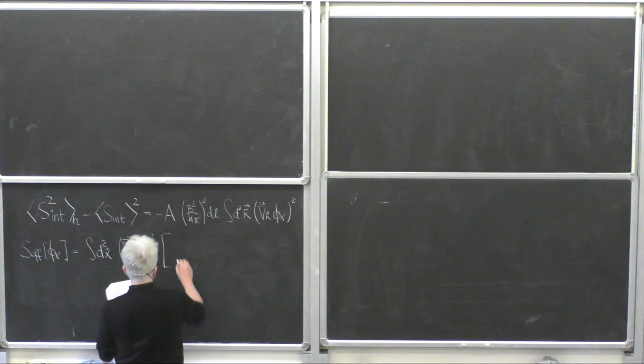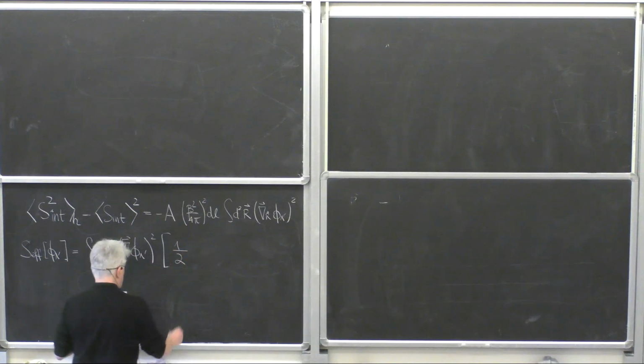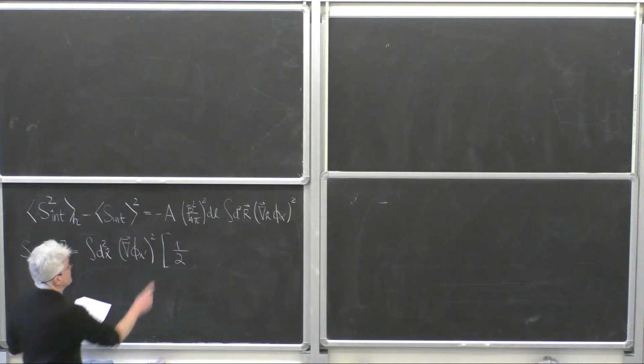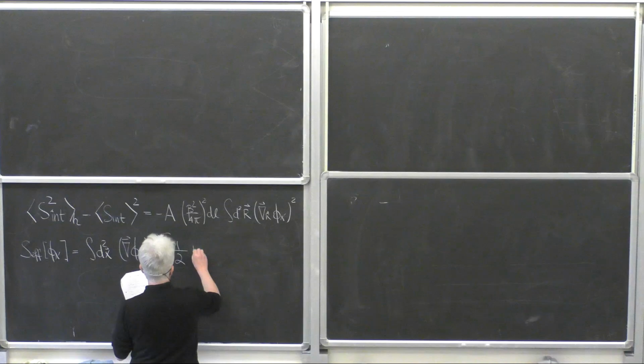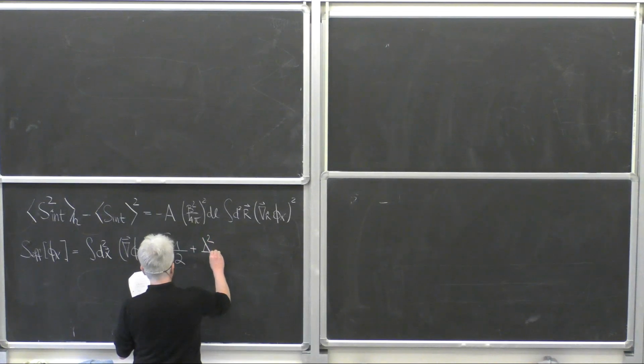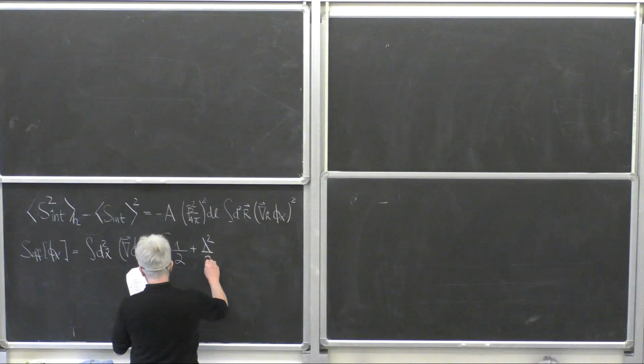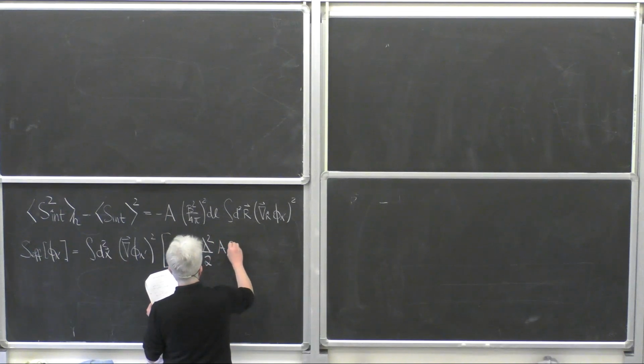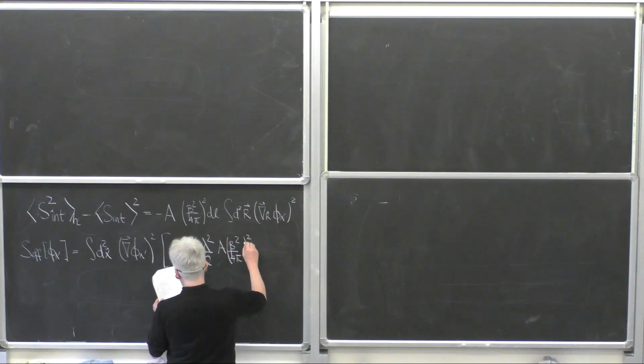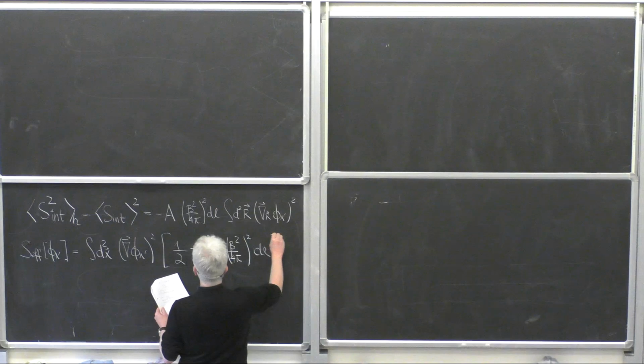And now here we have the 0th order term, a half, and then we have this piece plus lambda squared divided by 2a beta squared over 4 pi squared dl.